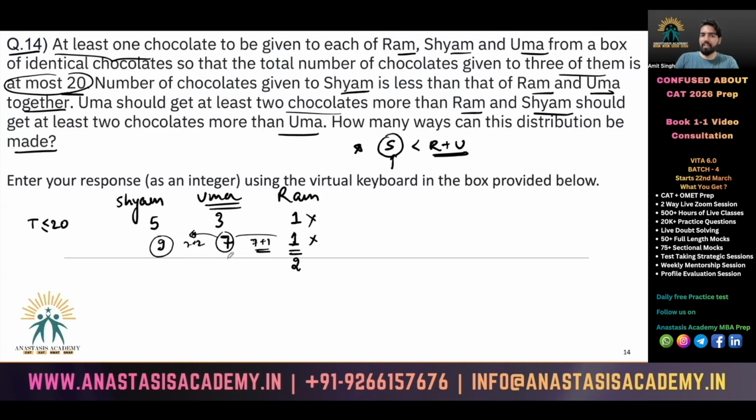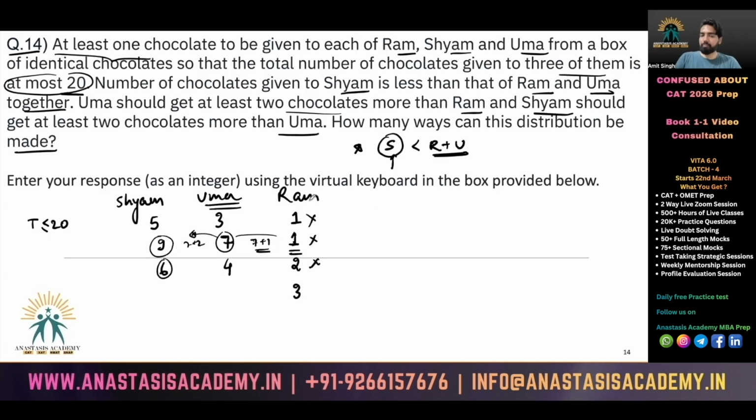So the least chocolates Uma can have is 4, and the least Shyam can have is 6. 4 plus 2 would always be 6. The least number has to be 6, and this cannot be less than Ram plus Uma. So when Ram has 2 chocolates, we cannot give Shyam any number of chocolates that is less than Ram plus Uma, correct? So in this case also, we cannot find any case.